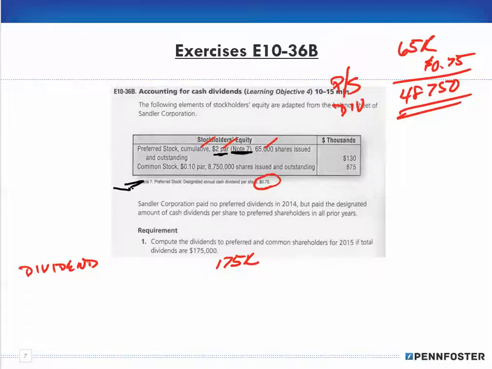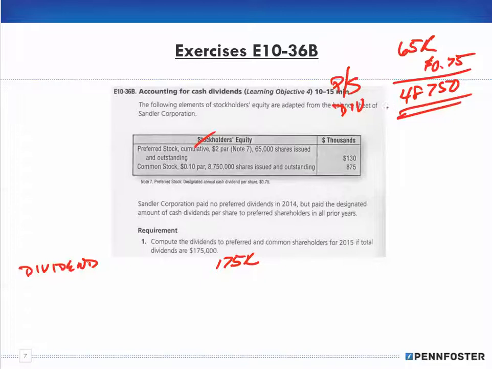And when we look at note 7, it tells us the designated annual cash dividend per share is 75 cents. So you see what I mean by variety? It's not just cookie cutter the same way. It all depends upon the situation, and there's an example where the situation is varied, but the idea is still the same. I calculate the dividend, and it's going to be cumulative, all right?